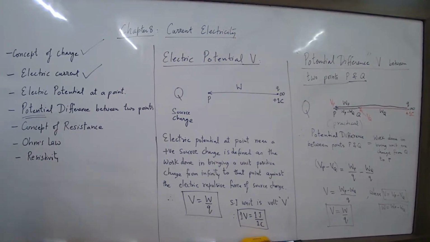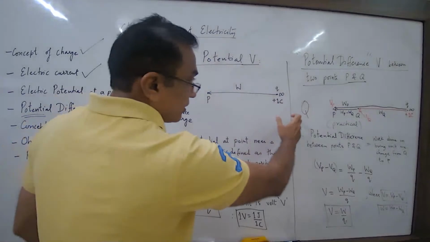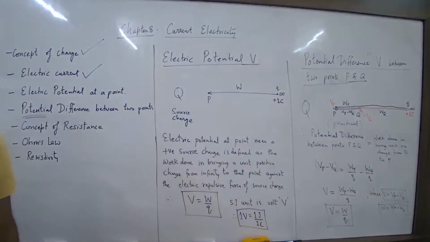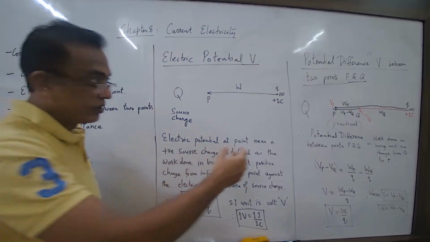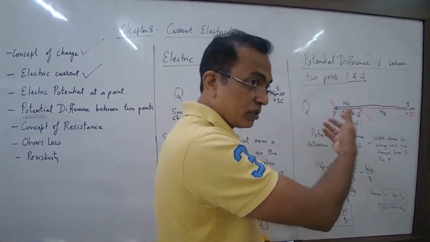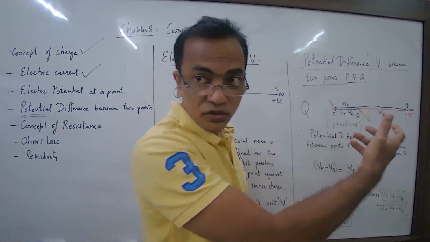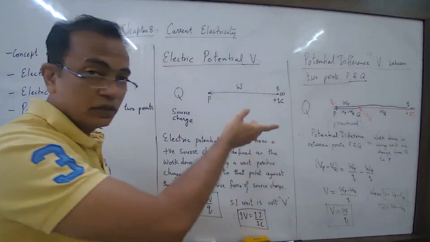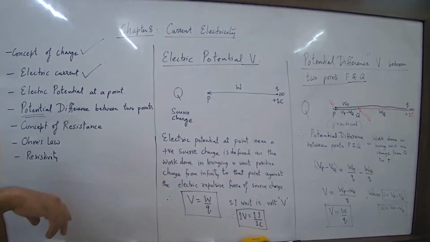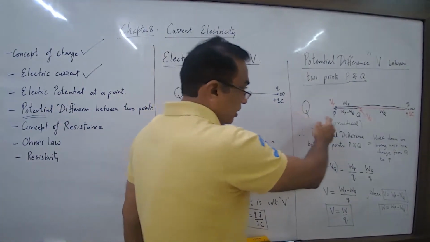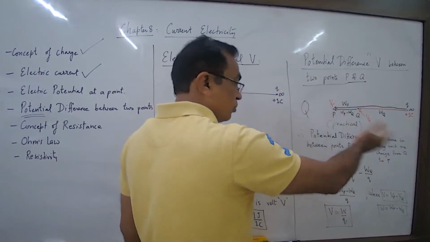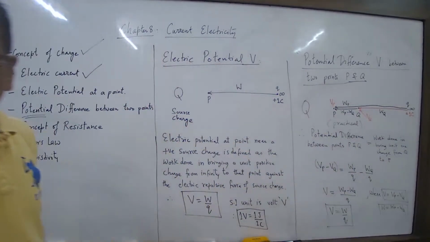Near the source charge, like in a cell situation, you have a terminal. So you are bringing charge to it and depositing it again and again, right? When you are depositing, somebody is doing work. Like a chemical reaction is doing work. Chemical energy is getting converted into electrical energy. So let's say this is the terminal of the battery, and this is the point near it.